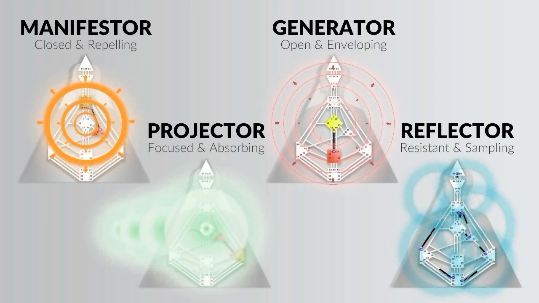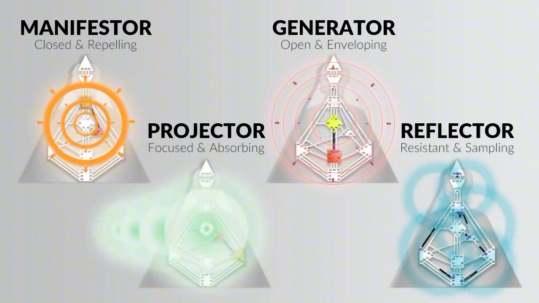And strategy, when it comes to a generator, or to a projector, or to a reflector, the strategy is pure mechanics. In other words, the strategy to respond is derived directly from the mechanics. But this is not true for a manifestor.